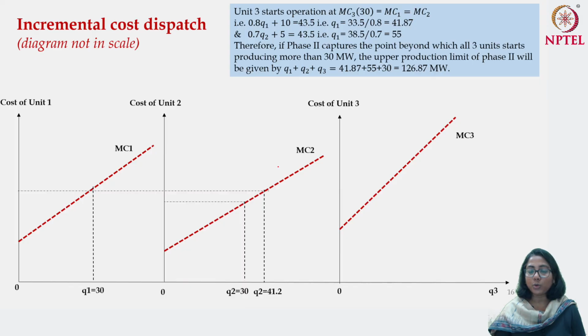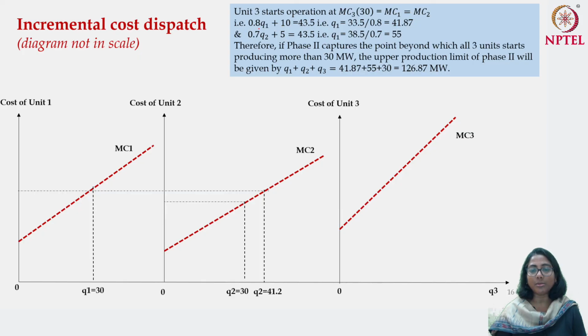So plants 1 and 2 keep on producing until the marginal cost of production equals the marginal cost of the third generating unit at Q equal to 30. So unit 3 starts operating when MC3 at 30 is equal to MC1 and MC2.